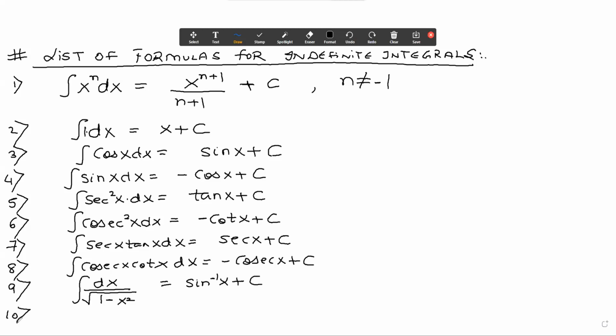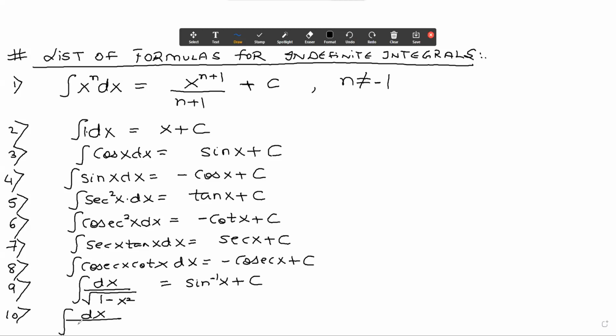10th formula, integral of dx upon under root 1 minus x square. Let me verify this. Is our 9th formula correct or not?